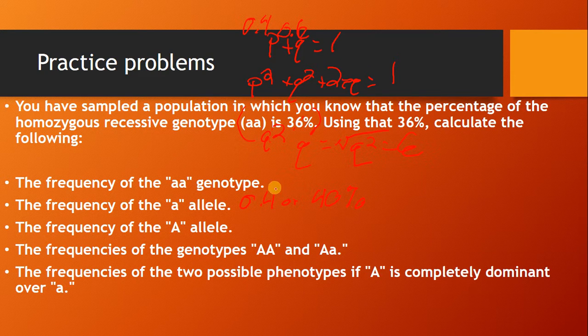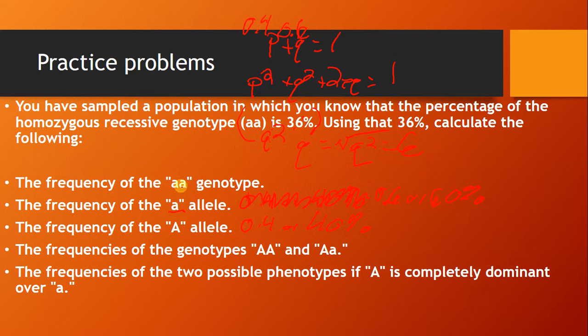Nope, sorry. Messed up. The frequency of the recessive a allele is Q, 0.6 or 60%. We were given that in this problem. The frequency of the dominant A allele, which we found by just subtracting, is 0.4 or 40%.